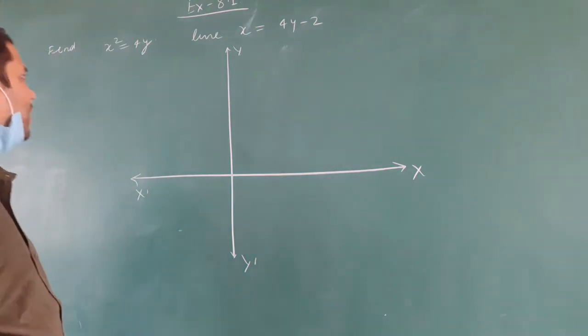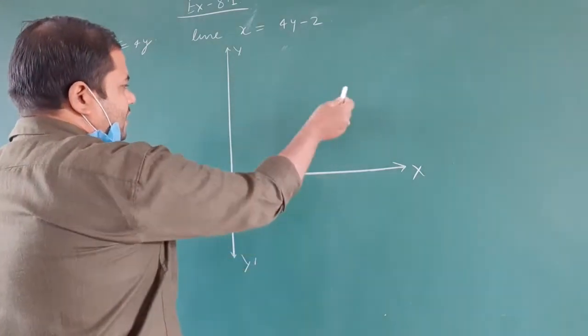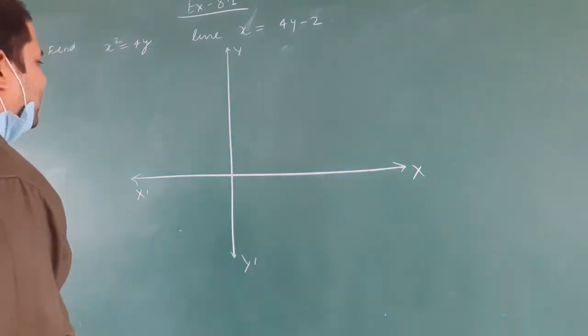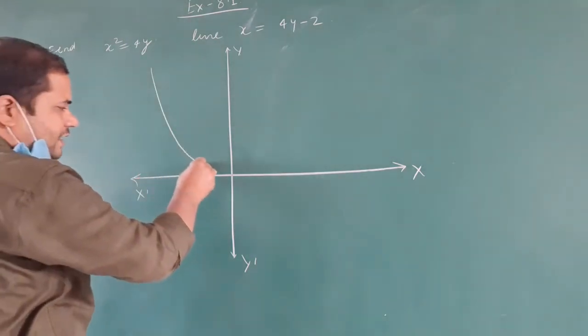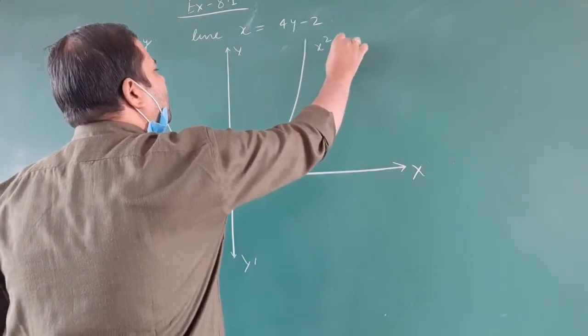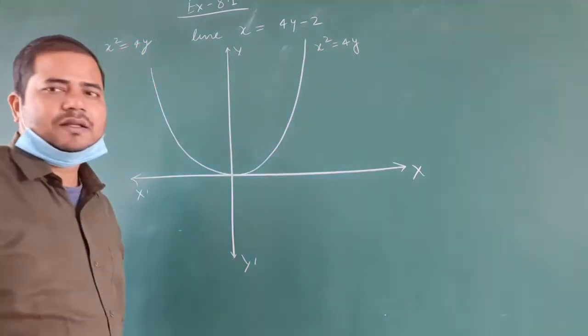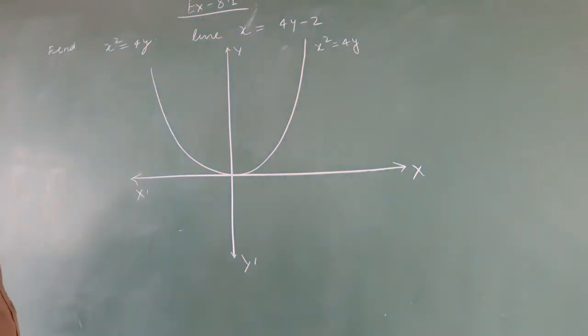Which type of parabola is this? Y square is equal to 4ax is the parabola on the x-axis, but this is the parabola on the y-axis. This is the parabola x square is equal to 4y. Am I right?